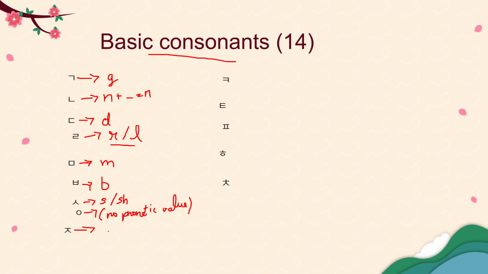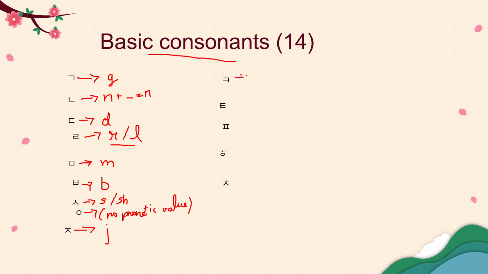Now this one is j, j. You do not pronounce it like the English J. You have to pronounce it with the teeth closed and a flat mouth, with a smile and the teeth closed. J, J. You have to pronounce it like that.